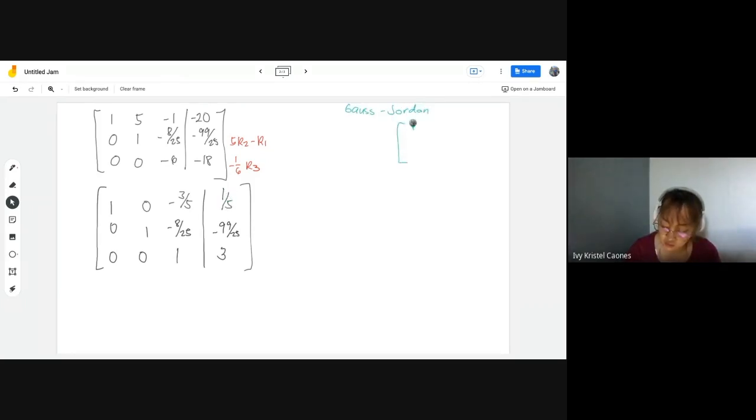The target of Gauss-Jordan is 1, 1, 1, 0, 0, 0, 0, 0, 0, then asterisk, asterisk, asterisk. So next is 8 over 25 R3 plus R2, then 3 over 5 R3 plus R1. Why? Because we have to zero this portion.